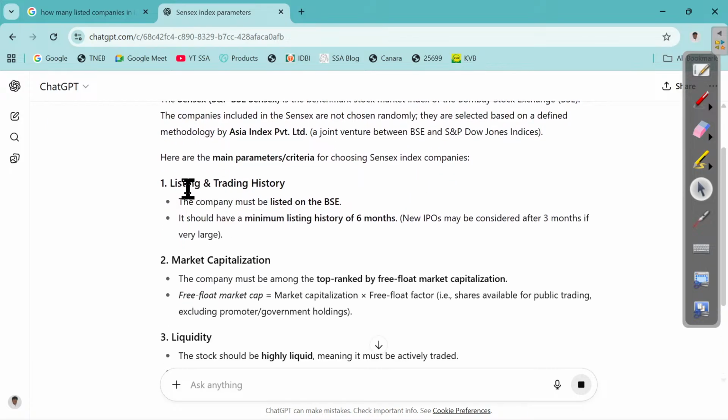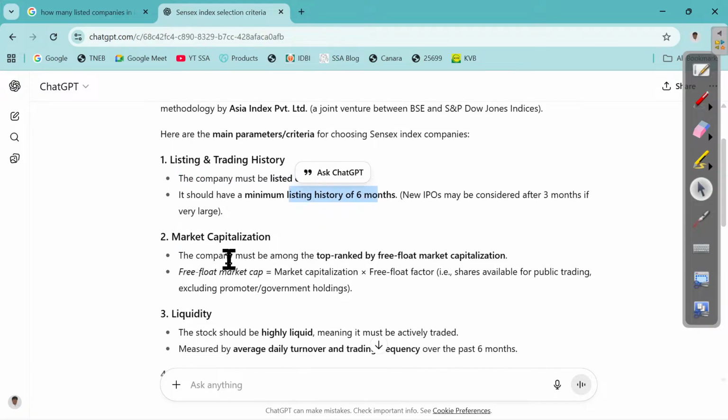Okay. Listing trading history. The company must be listed, with a listing history of 6 months, and predominantly market capitalization. Market capitalization is nothing but the number of shares the company issued times the current market price. You multiply these two. That's called market capital. The company must be among the top ranked by free float market capitalization.